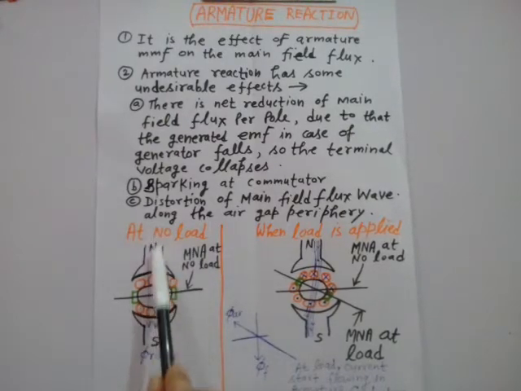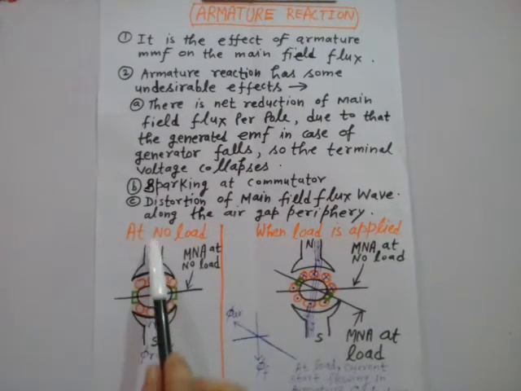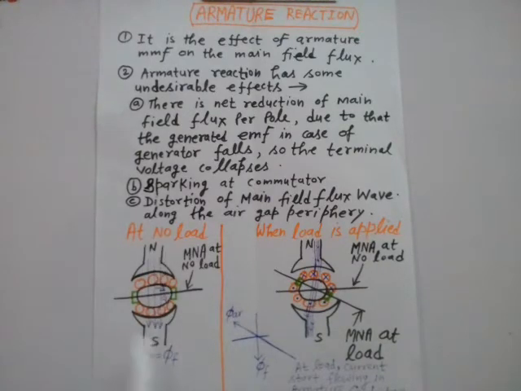For simplicity, let us consider this is a two-pole DC machine, north and south, for explanation. The circle which you see inside represents the rotor, and the small circles drawn in red color are the armature conductors or rotor conductors.